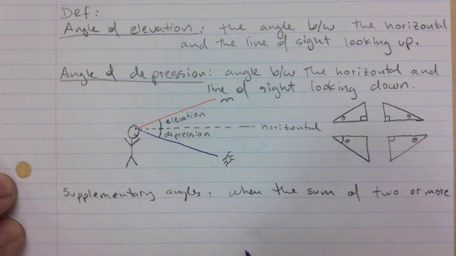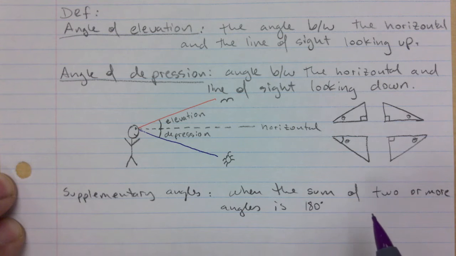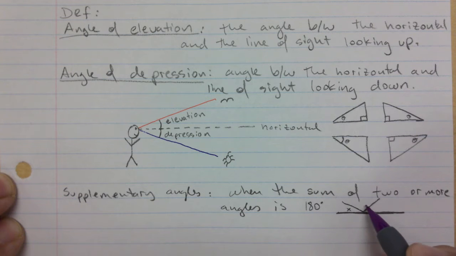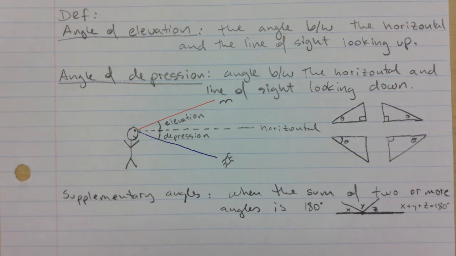Two or more angles add up to 180 degrees. So I'll give you an example here. If this is the straight line, you could have a small one like this, so this could be angle X, Y, and Z around that point, they add up to 180. So that'll be helpful if you know two of them, you can find the third, and that's very much related to the unit we just did.